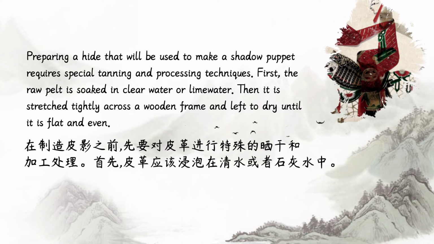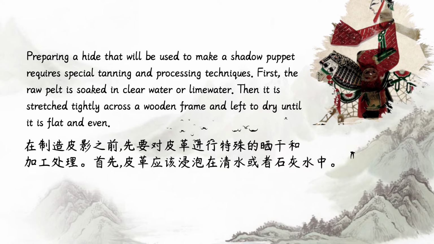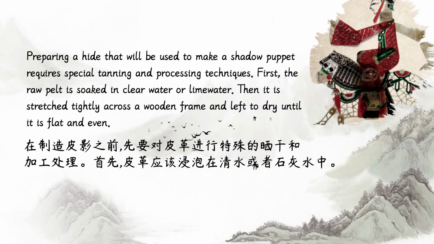The puppets are made of ox, sheep, or donkey skin. Preparing a hide that will be used to make a shadow puppet requires special tanning and processing techniques. First, the raw pelt is soaked in clear water or lime water.